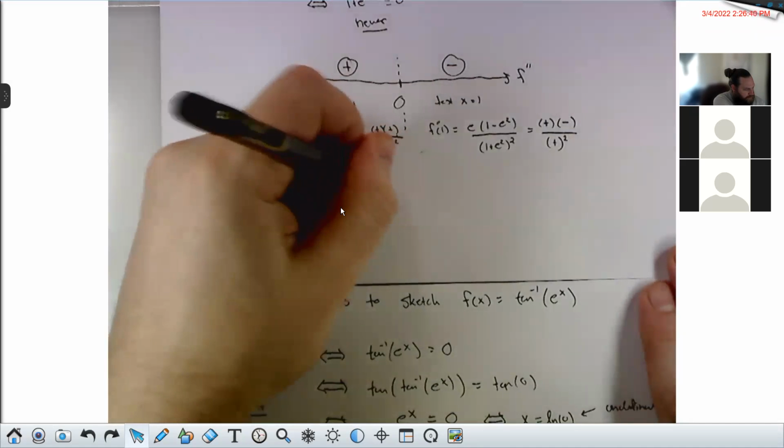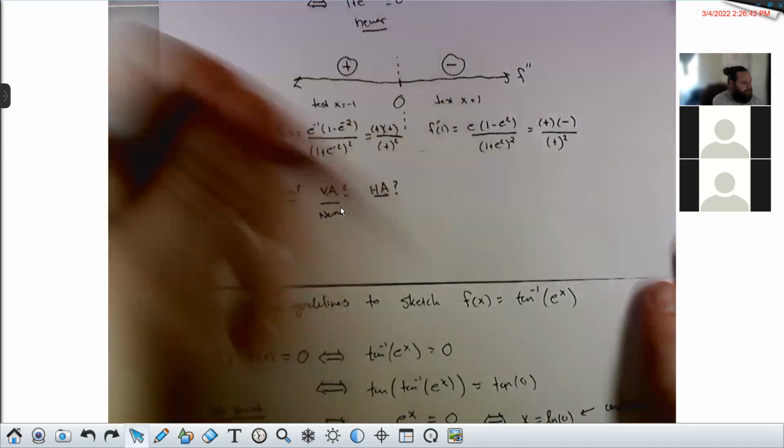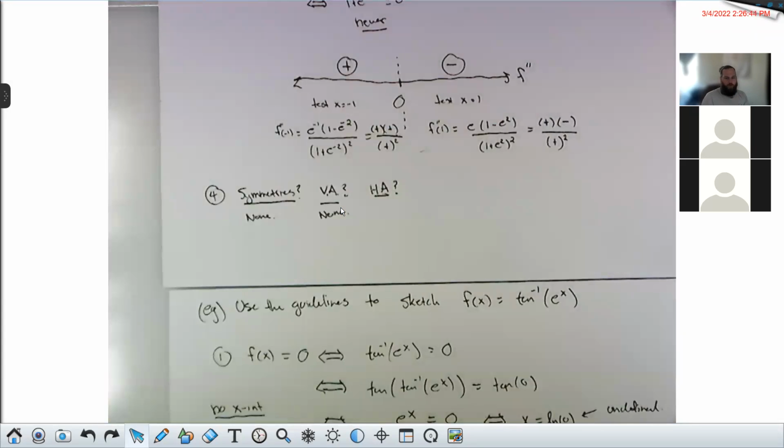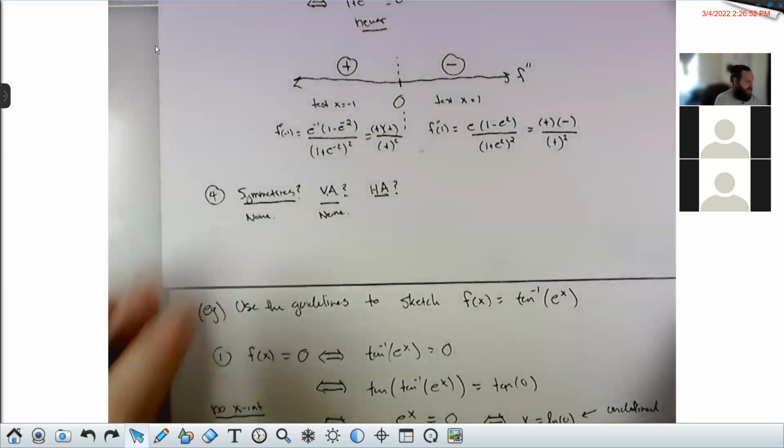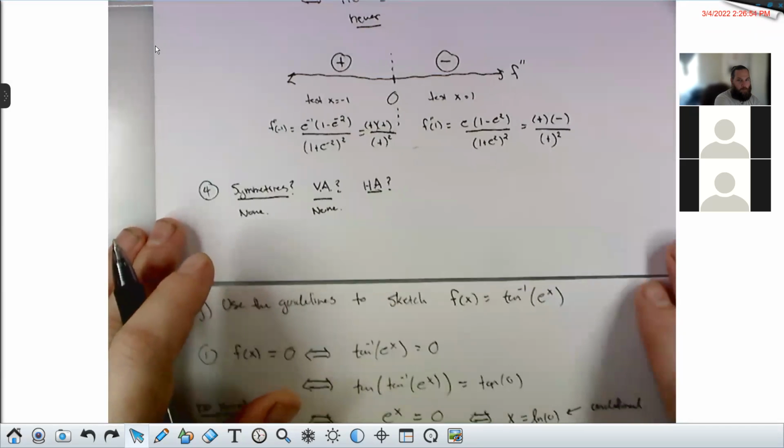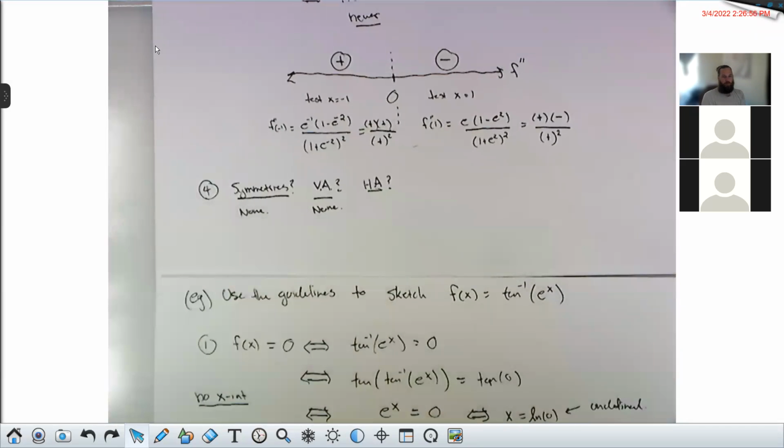Horizontal asymptotes. Now there's a fun question. Who remembers how to check for horizontal asymptotes? What's the procedure? Isn't it like factors that cancel out top and bottom or something like that?